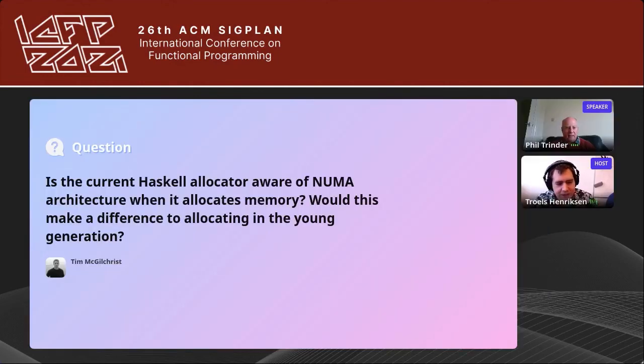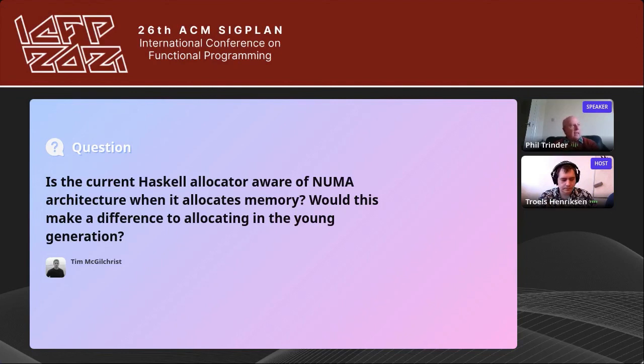All right, let's see. We got one very last late question. Is the current Haskell allocator aware of NUMA architecture when it allocates memory? Will this make a difference to allocating in the young generation? Well, yes. Currently, the optimization, I should have said, is due to Simon Marlow. He did it when he was at Facebook, and he optimized GHC 8.2 for NUMA because that gave performance benefits for the code he was running at Facebook.